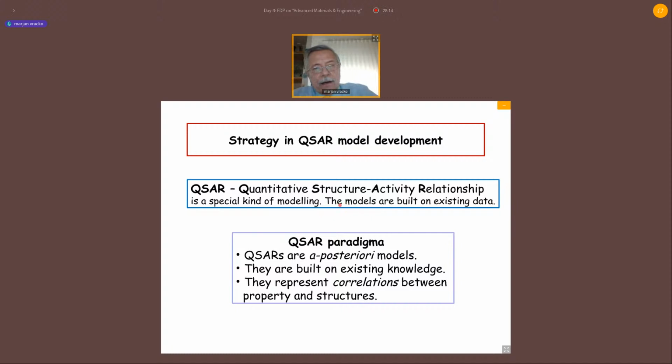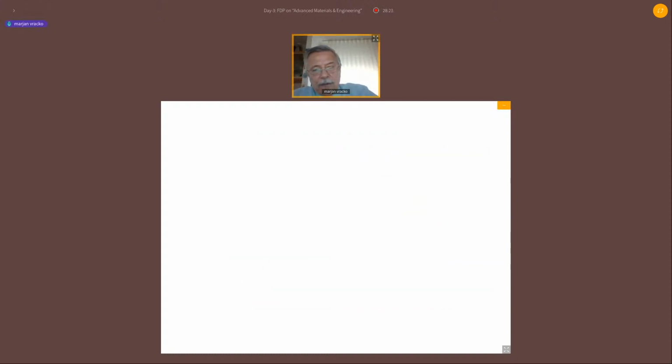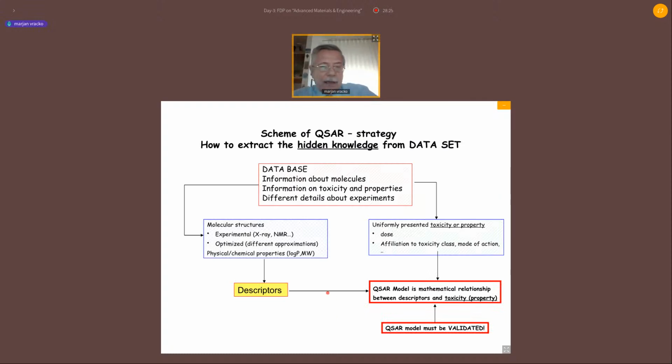The models here are built on existing data. How does the strategy look like? This is a scheme of the QSAR strategy. So, as I told, the model is built on existing data.